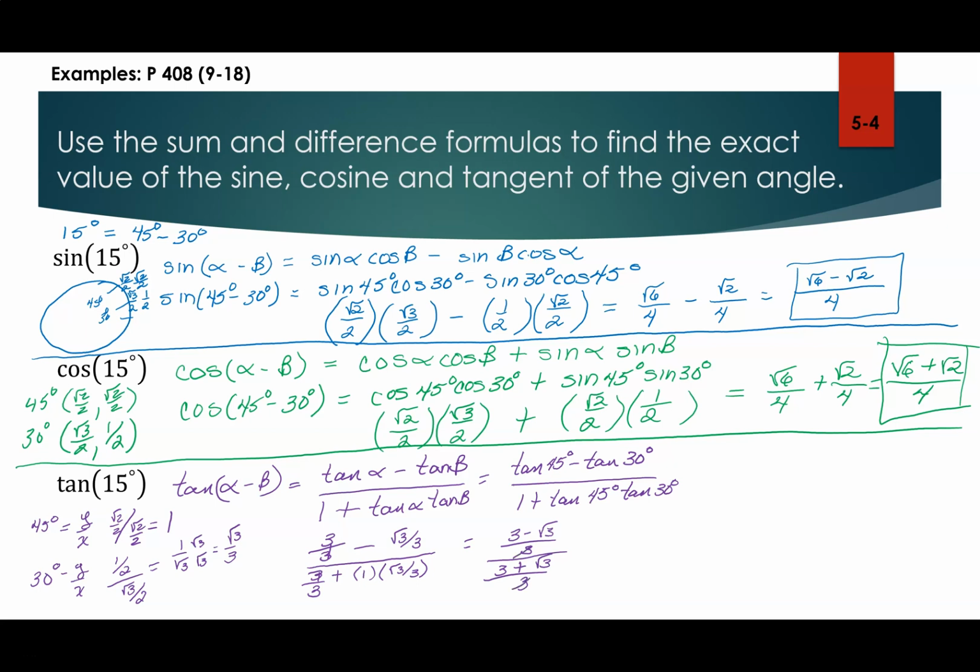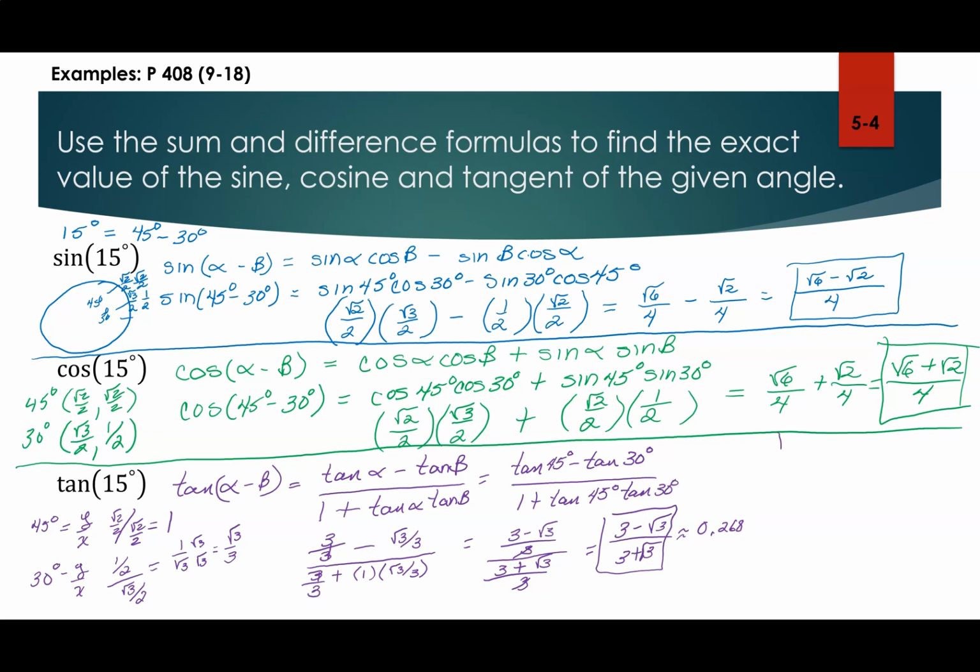The 3's cancel, and so my numerator is 3 minus root 3 over 3 plus root 3. As a decimal, this is approximately 0.2679. So I'm going to write 0.268.